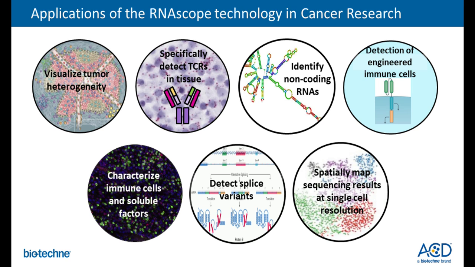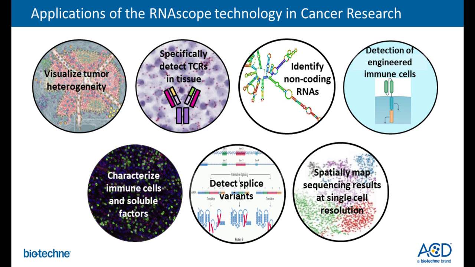In this slide, I have summarized the different applications of how RNAscope and BaseScope assays have been used in cancer research. They have been used to visualize tumor heterogeneity, study the varying degree of expression of a specific target in different parts of the tumor, to characterize immune cells and soluble factors, visualize a specific subpopulation of immune cells, and study the expression of cytokines and chemokines within those cells.